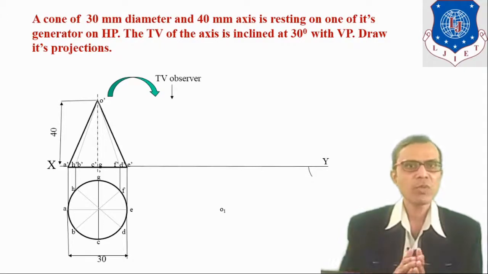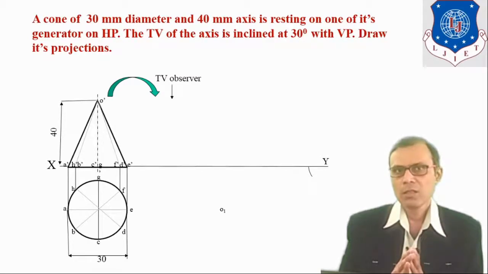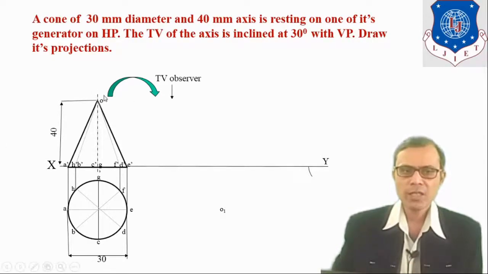In the initial position it is standing on HP with its base, and axis perpendicular to HP. Now we are considering this generator OE, which will remain on HP. So it is the second stage condition.